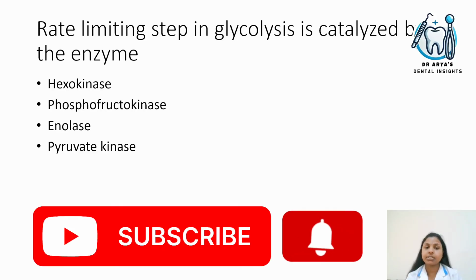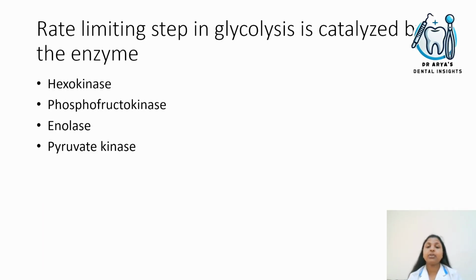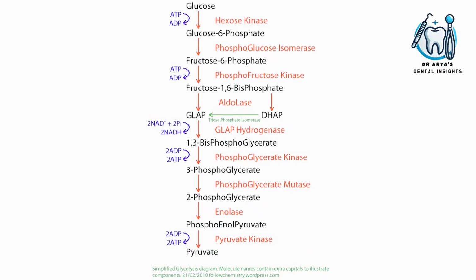So coming to the next question. The rate limiting step in glycolysis is catalyzed by the enzyme hexokinase, phosphofructokinase, enolase, or pyruvate kinase. Here this is the glycolysis pathway, and this is the rate limiting step, fructose 6-phosphate to fructose 1,6-bisphosphate, and the rate limiting enzyme is phosphofructokinase.